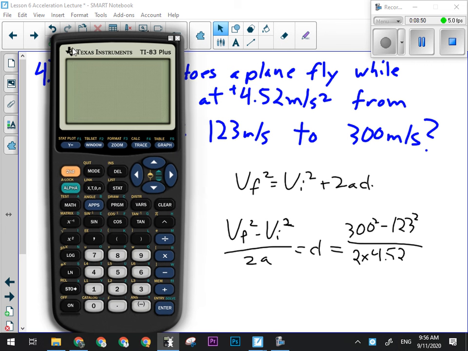Now, important on your calculator here to make sure that you enclose things in brackets or do this step by step. If you don't, your calculator will try and do it from left to right, which is not what we want.